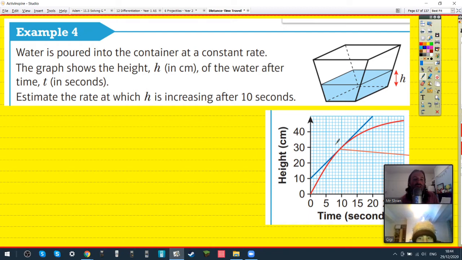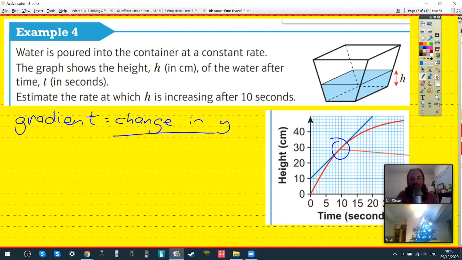If you want to find the rate of increase at 10 seconds, then you just sketch a tangent, or try to draw a tangent as best you can, and find the gradient of that tangent to the curve at that point. So any idea what the gradient of this tangent is? It would be 3.